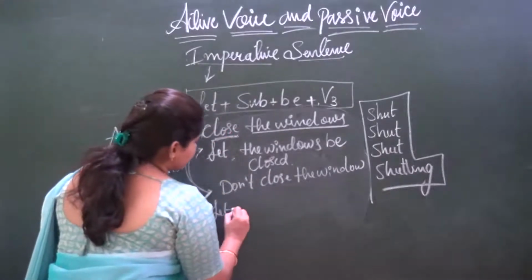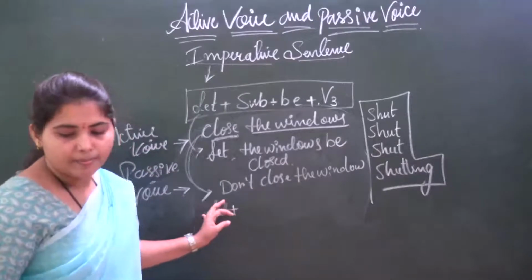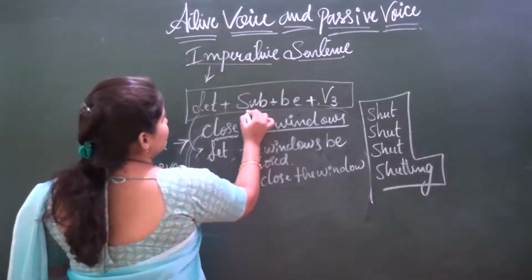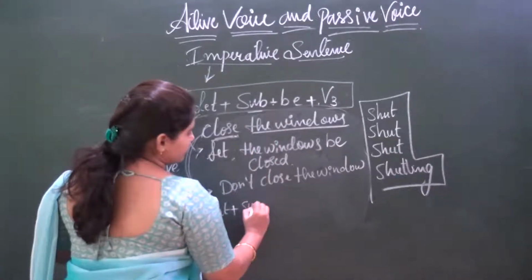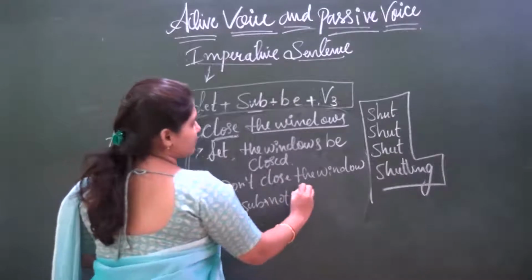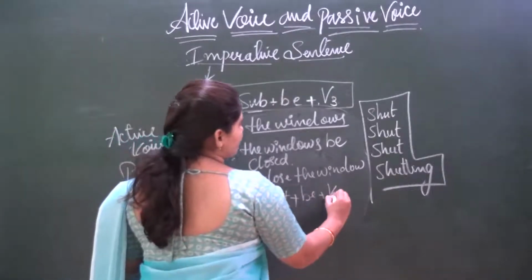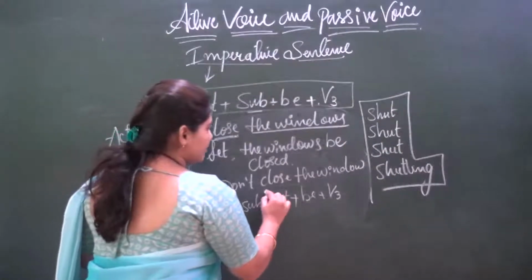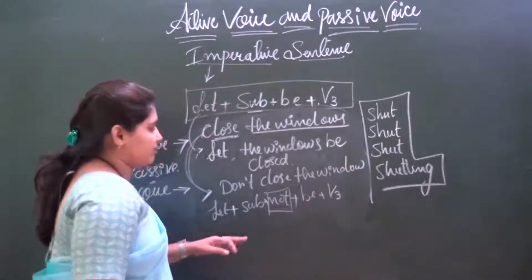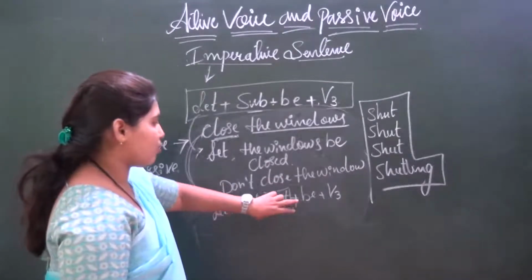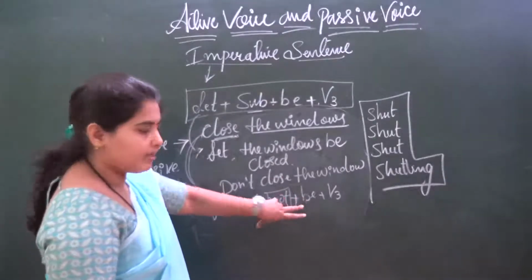Let plus the same subject plus not plus be plus V3 form. You should place not in between the subject and the be form.